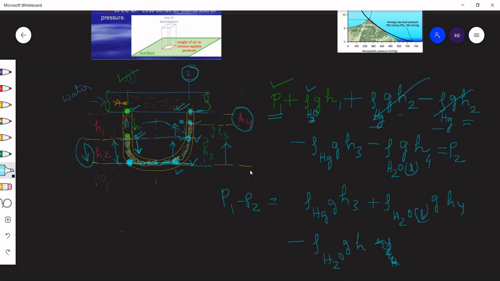Right. So this is the equation which you need to find. Now, this is a difference of pressure. It only tells you the difference of P1 pressure minus P2. It doesn't tell you how much is P1 pressure, how much is P2 pressure. That is the difference we are getting.